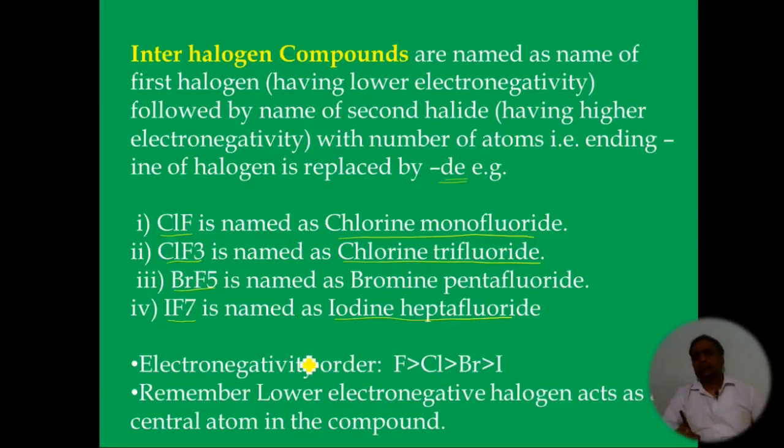If you see the electronegativity order, fluorine has more electronegativity than chlorine, then bromine, then iodine. So fluorine will always act as a surrounding atom, while chlorine, bromine, and iodine will act as the central atom.